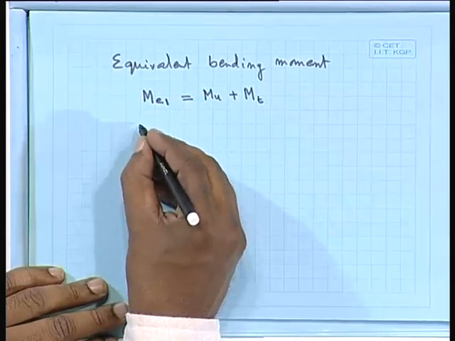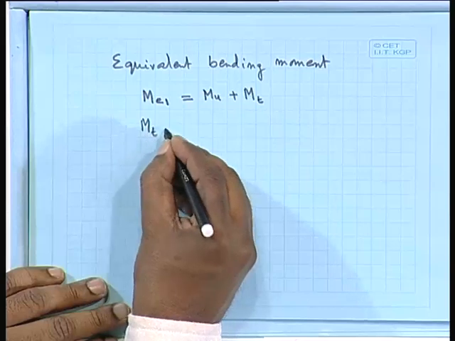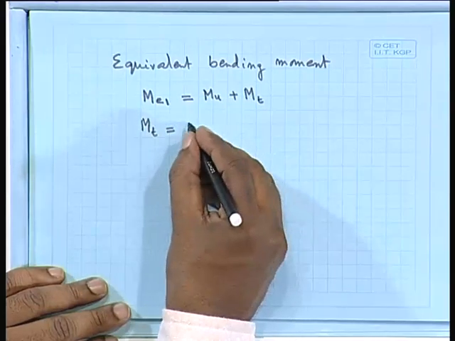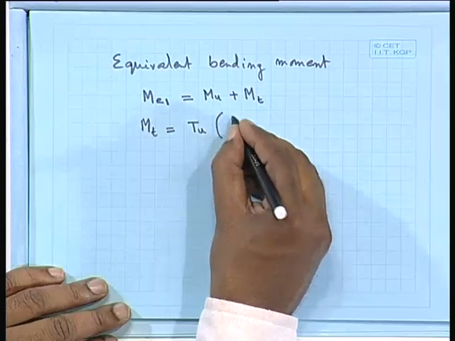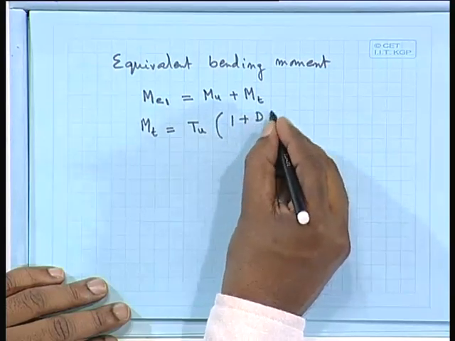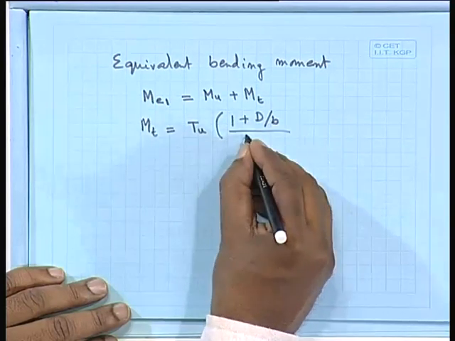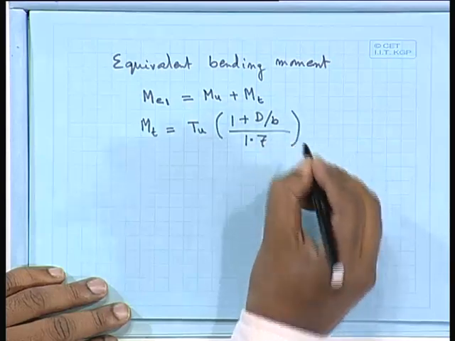So MT equal to TU divided by 1 plus D by B, by 1.7.